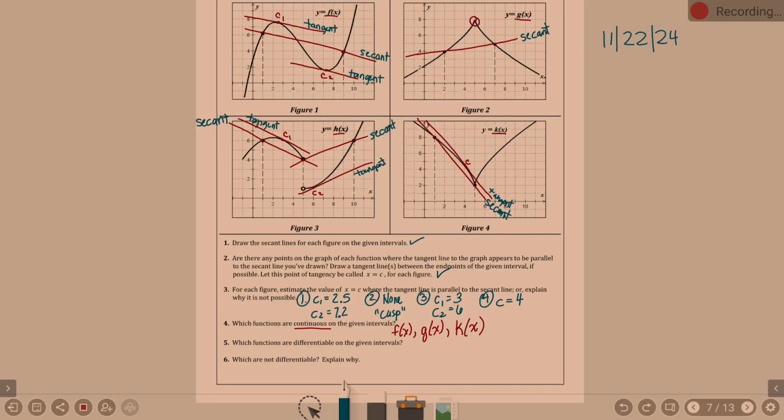Now, which functions are differentiable on the given interval? Is f differentiable? Yes, that looks like a basic polynomial curve.